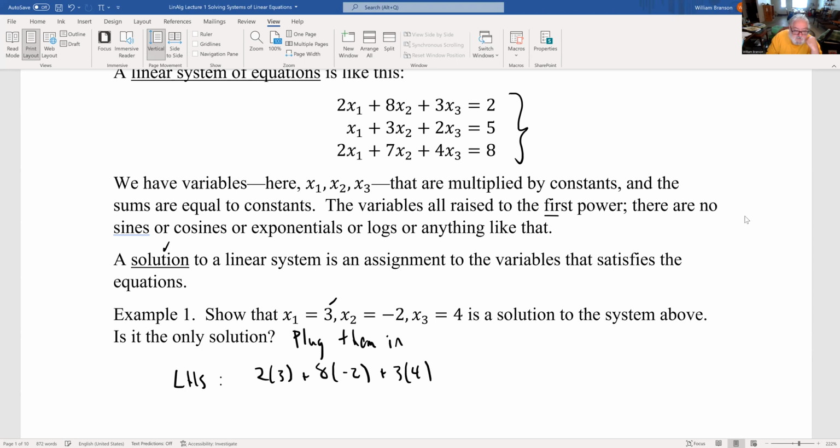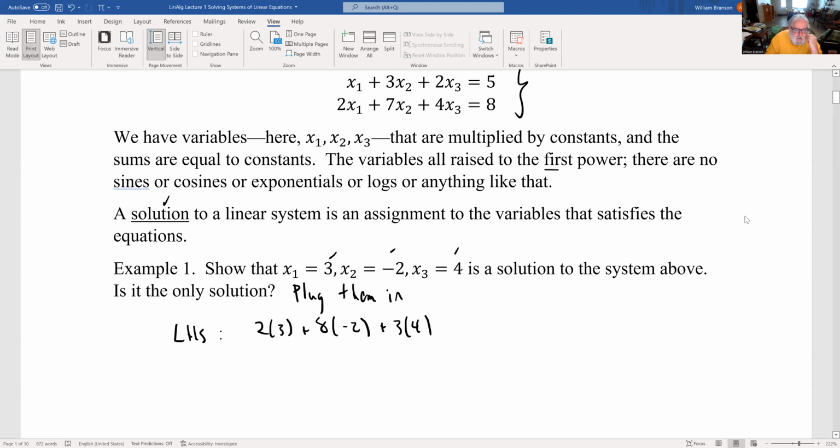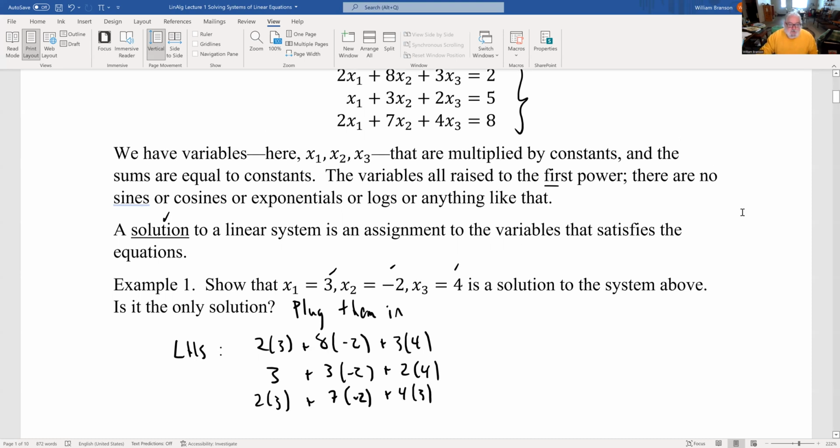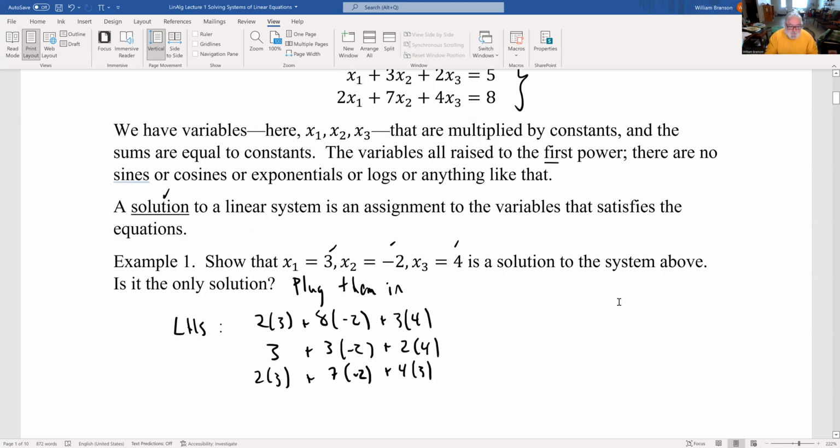That's plugging in 3, -2, and 4 for x1, x2, and x3 in the first equation. Then 3 plus 3 times -2 plus 2 times 4. That's my second equation. And 2 times 3 plus 7 times -2 plus 4 times 3. So we just plugged in the numbers for x1, x2, and x3.